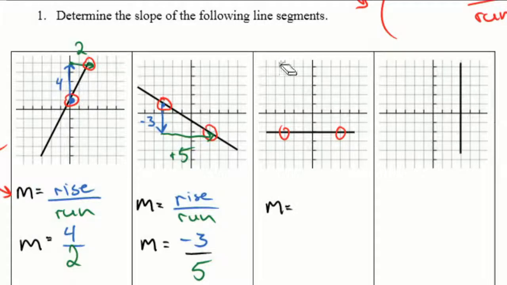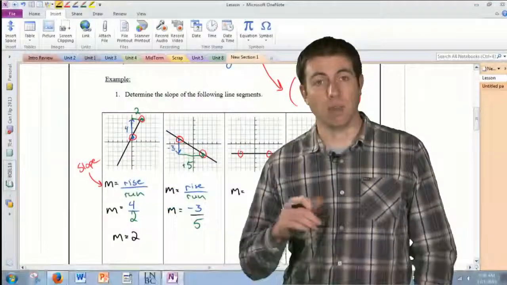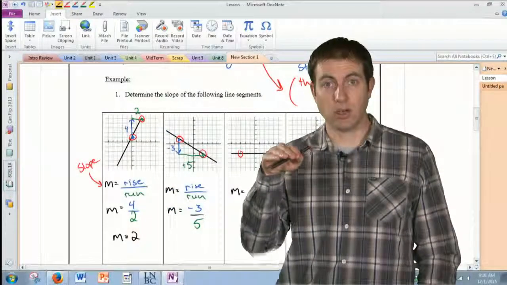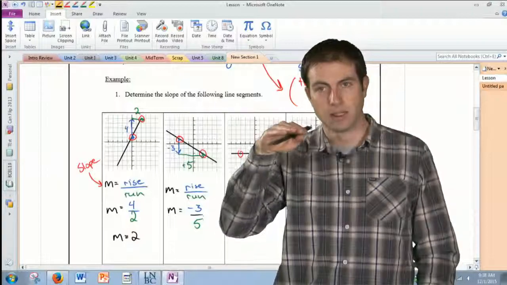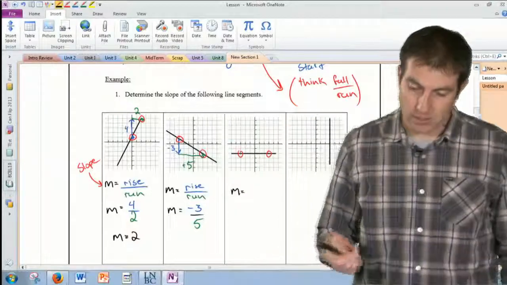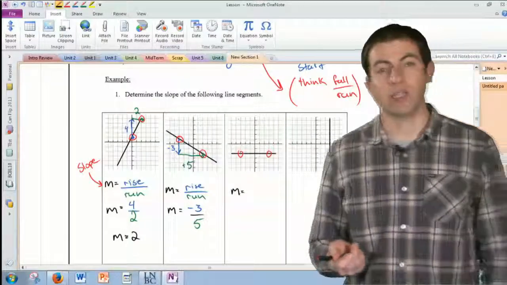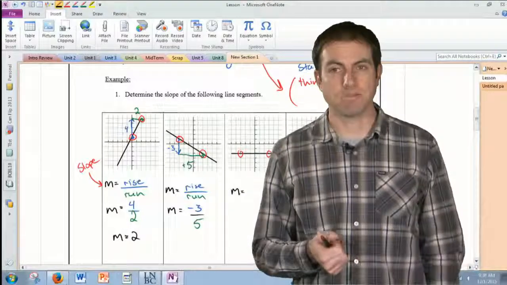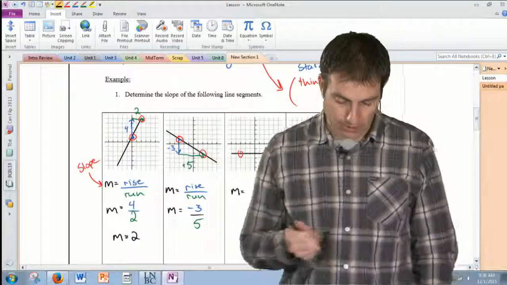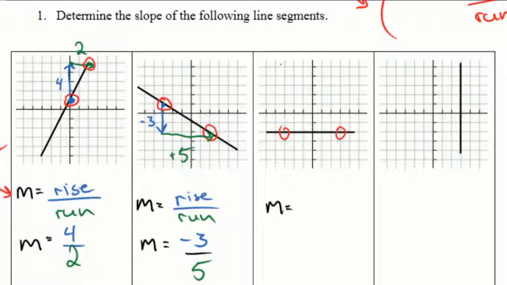I'm not talking about run, but I want to talk about rise. How far am I going up? It's a horizontal line. Do I have to go up at all to get across to my next point? No. So what value would I use to represent my rise? 0.